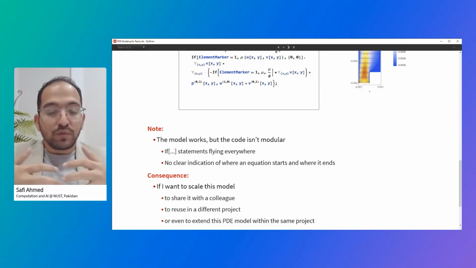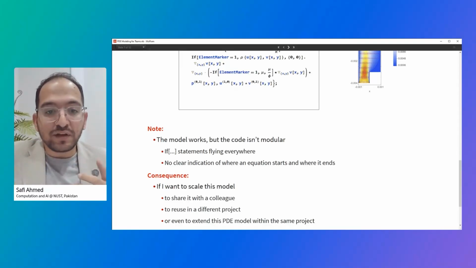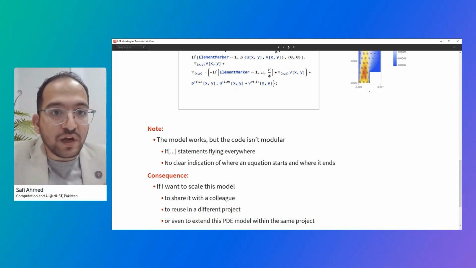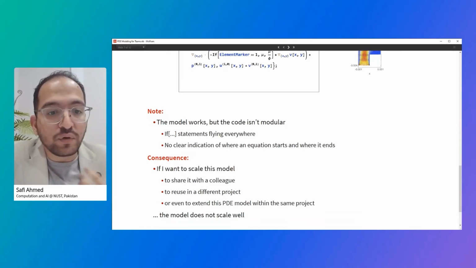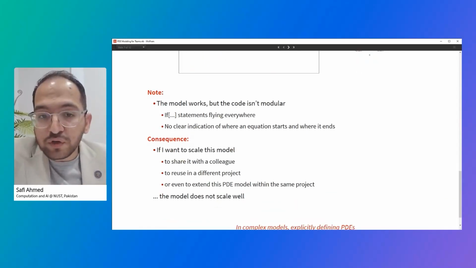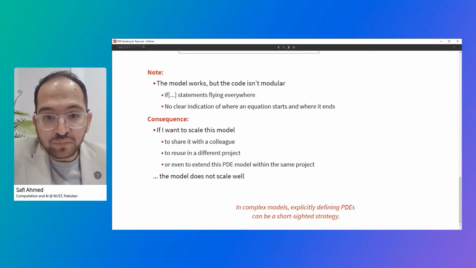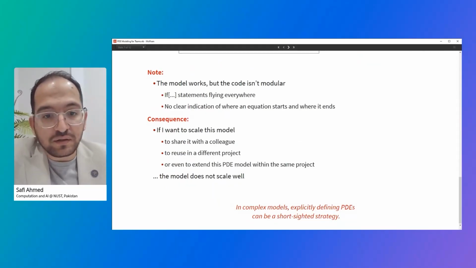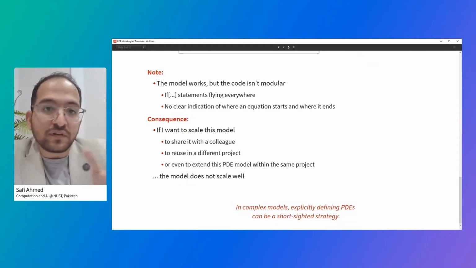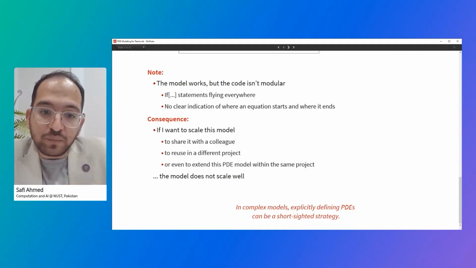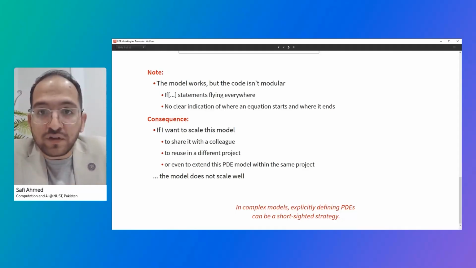Even to extend the same PDE model within the same project, if you have this kind of approach, it's going to be a very short sighted approach, and the model is not going to scale well. So the point is that in complex models, explicitly defining the PDEs can be a short sighted strategy.